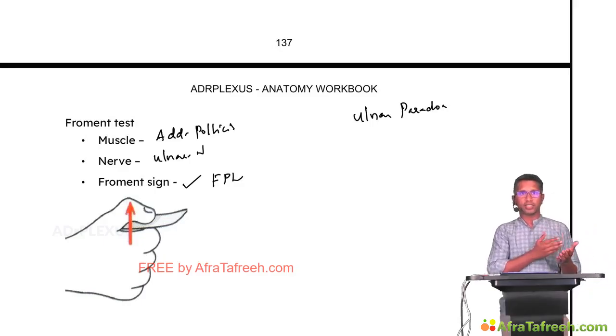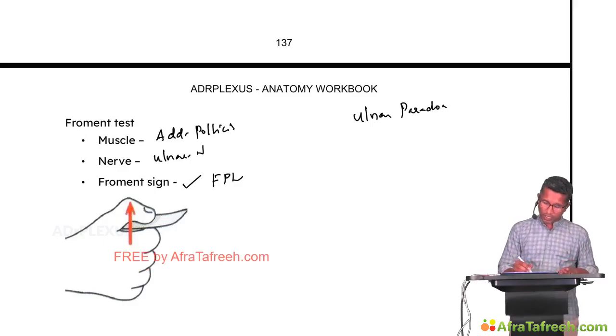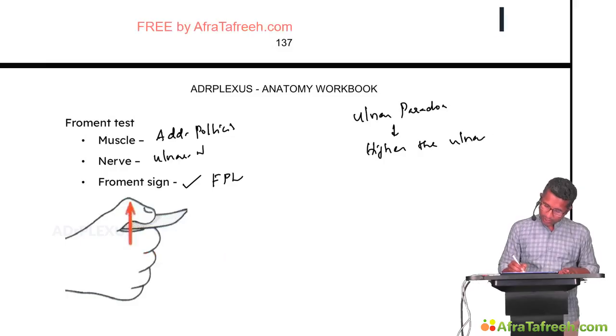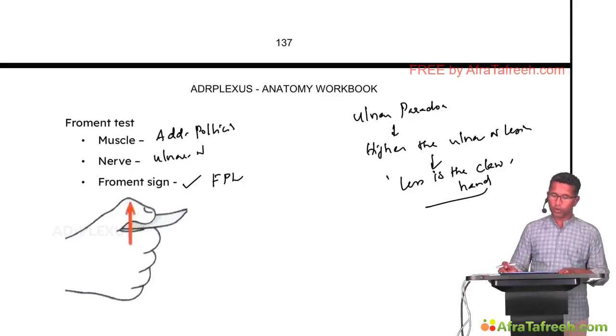Higher the ulnar nerve lesion, less is the deformity. And what is the deformity we are seeing in the ulnar nerve? The higher the ulnar nerve lesion, the less is the claw hand. Okay guys, are you able to follow me?